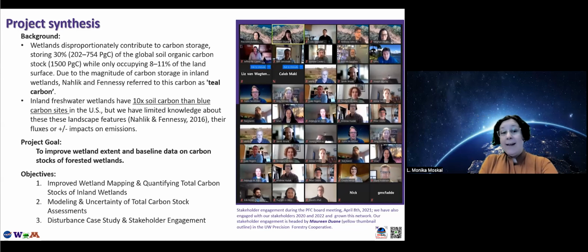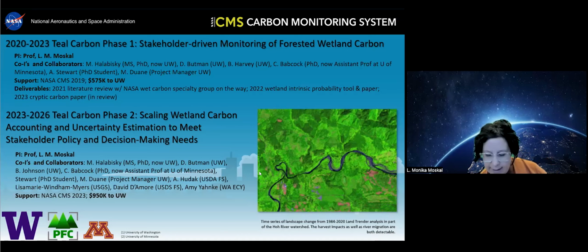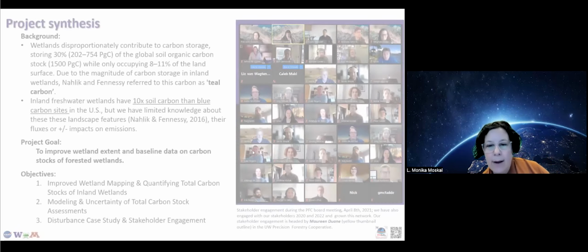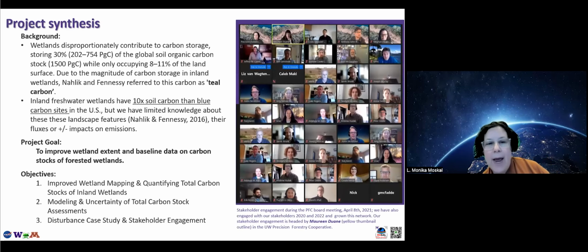Due to that magnitude of carbon storage in inland wetlands, Environmental Protection Agency person Amanda Nahlik and a colleague referred to this as teal carbon. Amanda is, by the way, right there. She's a stakeholder on our project.